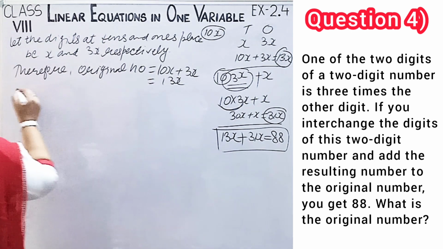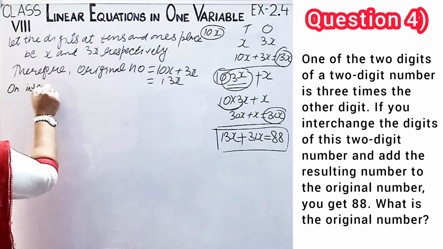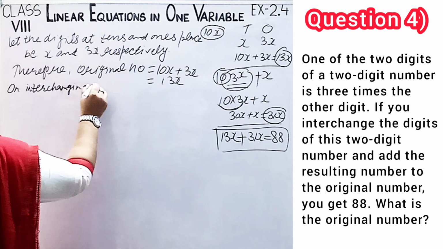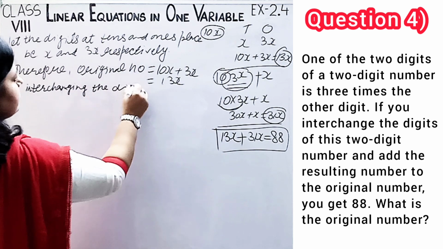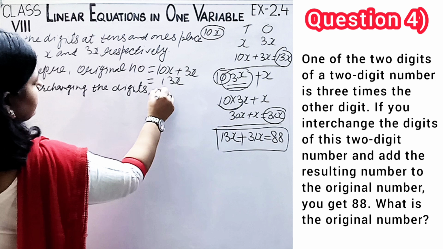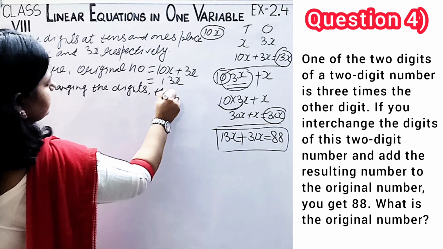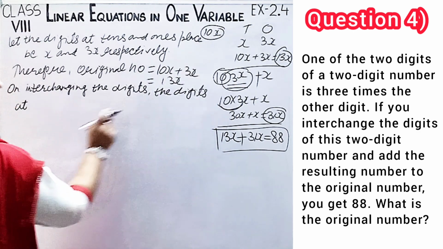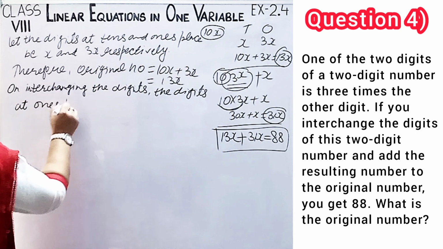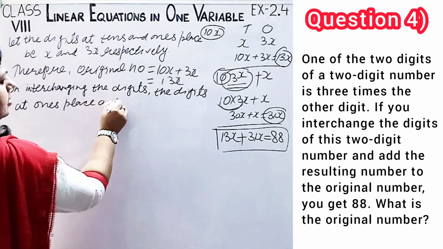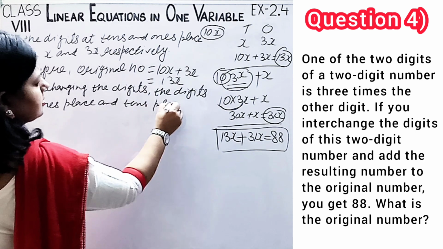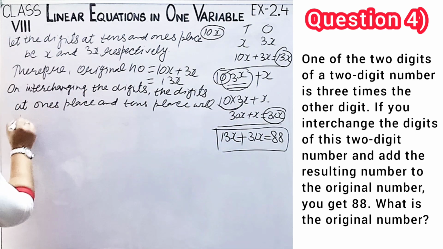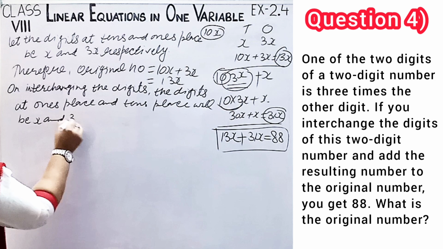Now on interchanging the digits, the digits at ones place and tens place will be x and 3x respectively.